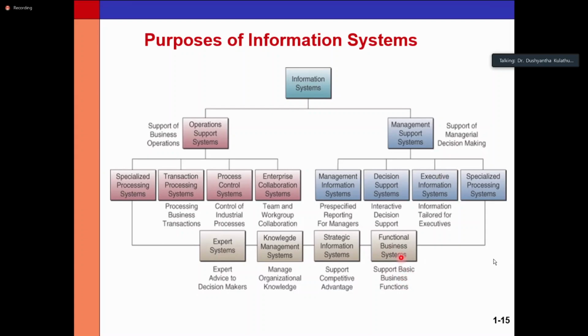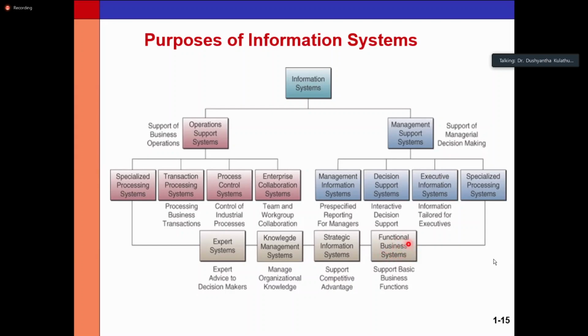Again, any organization will have different functions operating within it. In a traditional manufacturing organization, we may identify traditional functions like manufacturing, accounting and finance, human resource management, sales and marketing, and so on. Under each function, there can be some systems running. Those are identified as functional business systems.